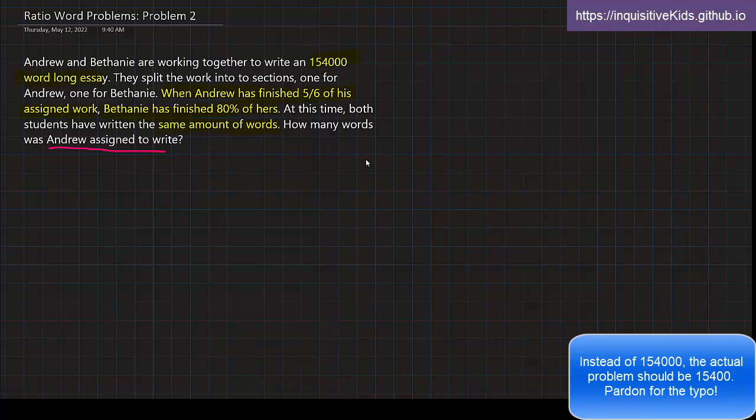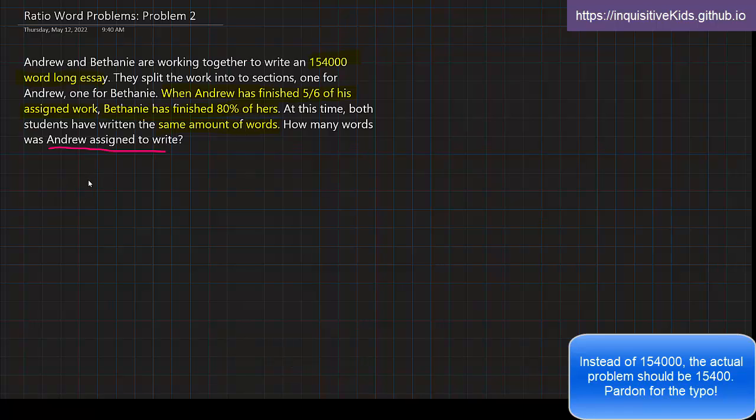Okay. So we know that in total they're trying to write a 154,000-word-long essay, and Andrew has finished 5/6 of his assigned work. All right, so in the problem we're given two fractions, right?